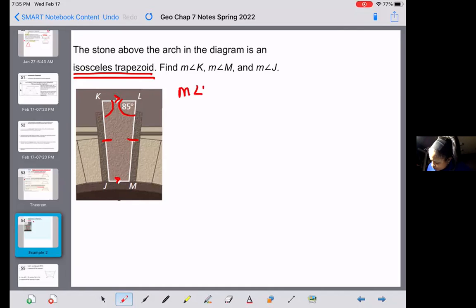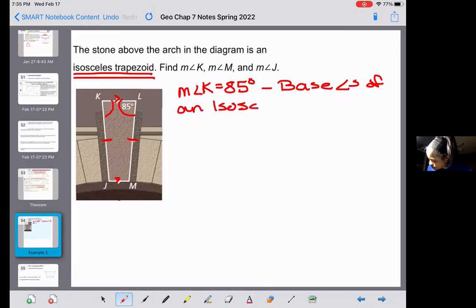So the measure of angle K equals 85 degrees, and the reason is base angles of an isosceles trapezoid are congruent. Again, those are both on the top, the top base angles.